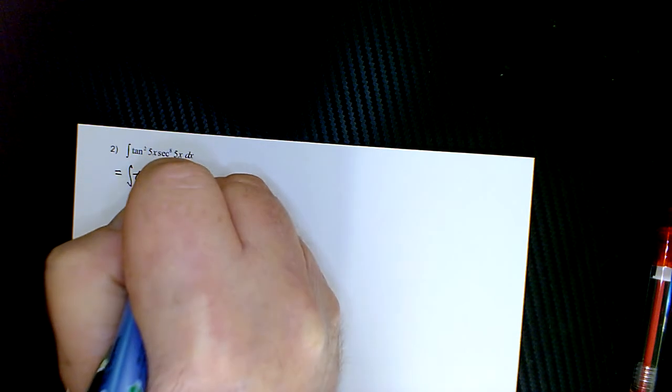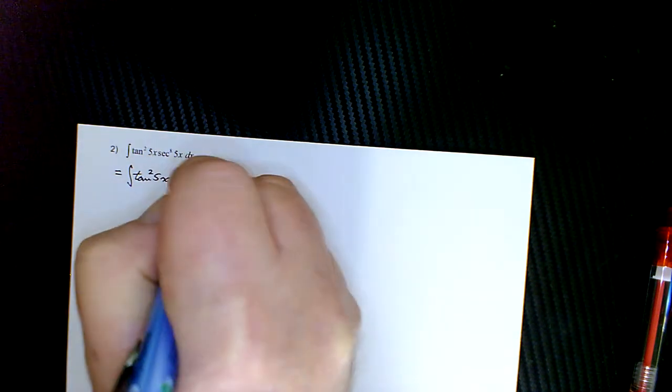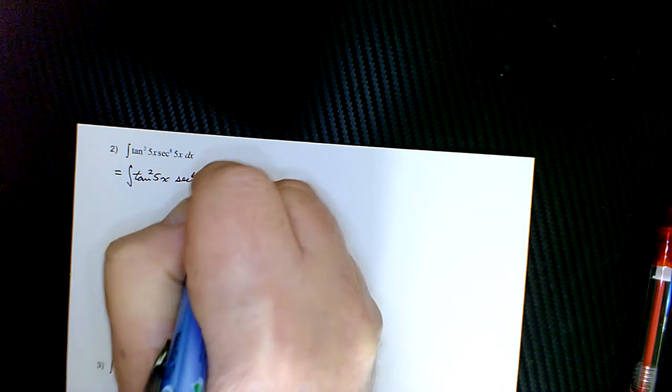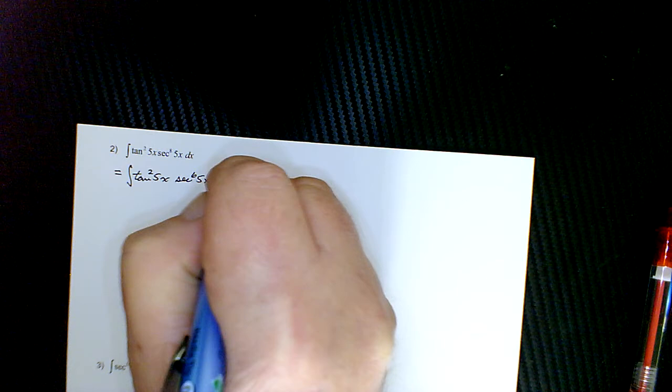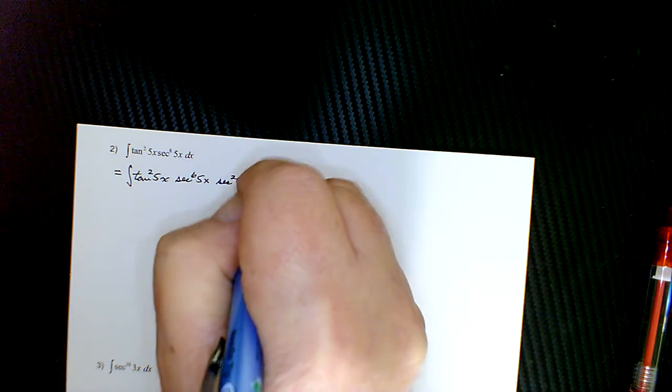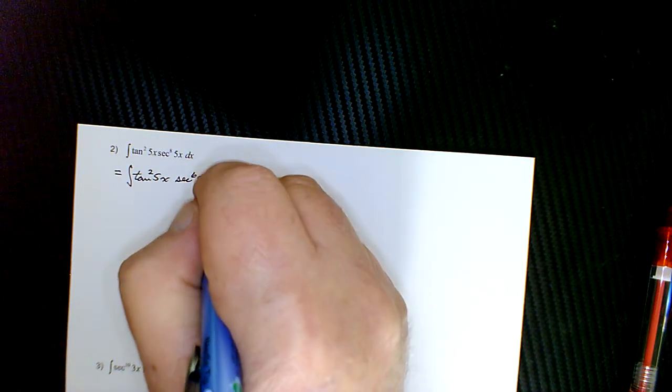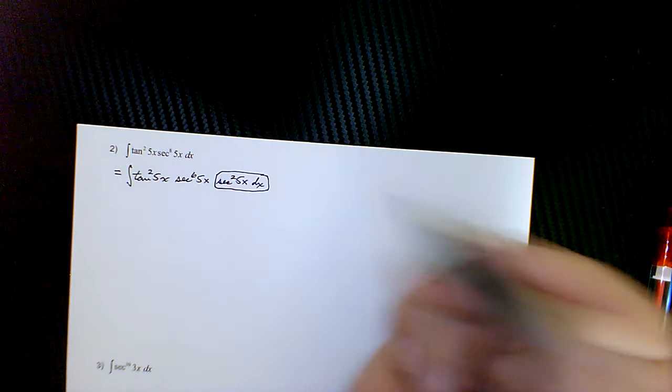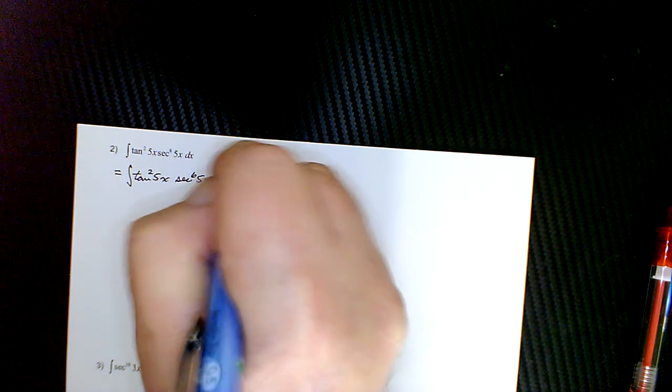So recopy tangent squared 5x, taking 2 factors away from secant to the 8th, that's secant to the 6th of 5x. Those 2 factors, secant squared 5x that we borrowed, go over with the differential. Box it off, you can write the word save if you like.